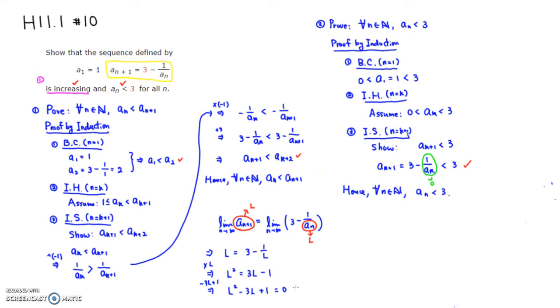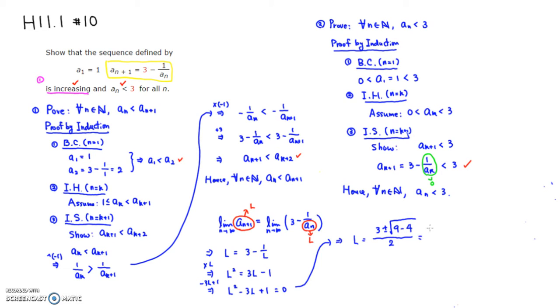Right? Then we can use the quadratic formula to find L. So L is going to be equal to negative b, so it's 3, plus or minus the square root of b squared, which is 9, minus 4 times a is 1, c is 1, so minus 4, and over 2 times a, so 2 times 1, so it's 2.